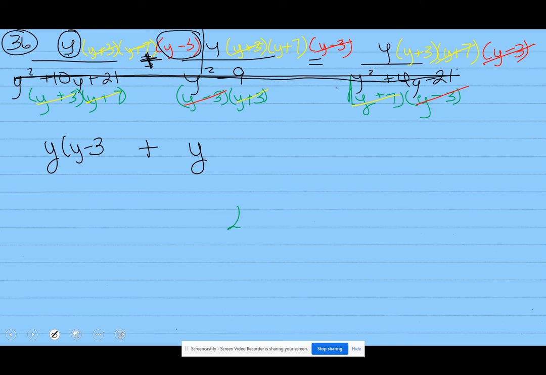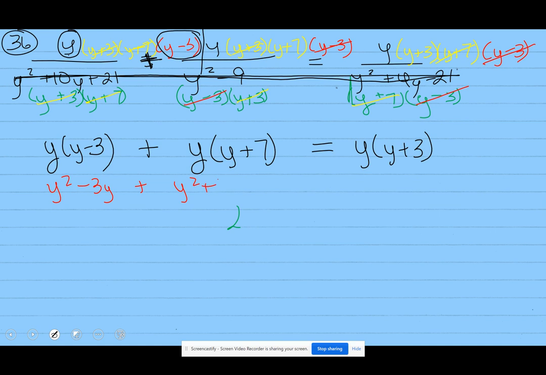Another y and a y plus 7, and then the equals, and then I have a y and a y plus 3. All right, so now I'm going to distribute and see what we got. Y squared minus 3y plus y squared plus 7y equals y squared plus 3y.